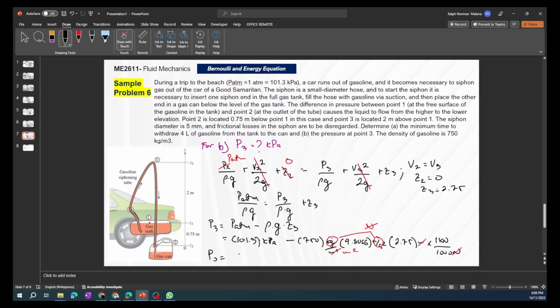So P3 is around 81.0739 kPa, or 81.07 kPa.